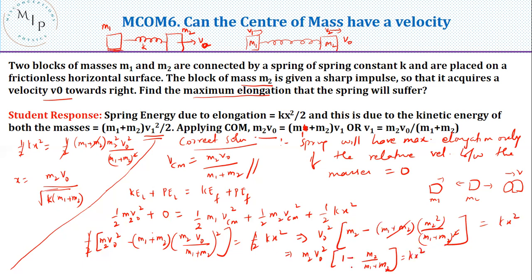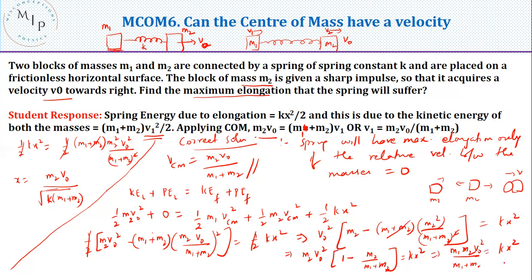Or once again, how do I write? If I take the LCM here, this will become m1 plus m2 minus m2, which will become m1 here, right? So I'll have m1 on the numerator: m1 m2 into v0 square divided by m1 plus m2 is equal to kx square.